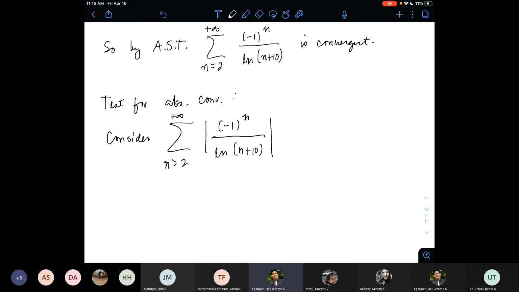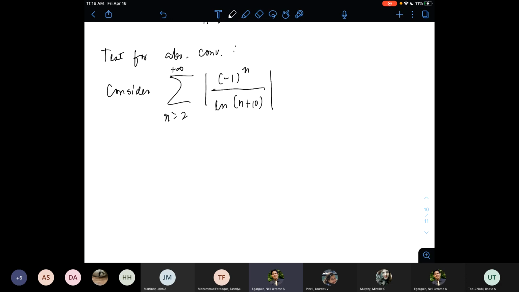If this is convergent, then the given series is absolutely convergent. If this will diverge, then we have a conditionally convergent series.